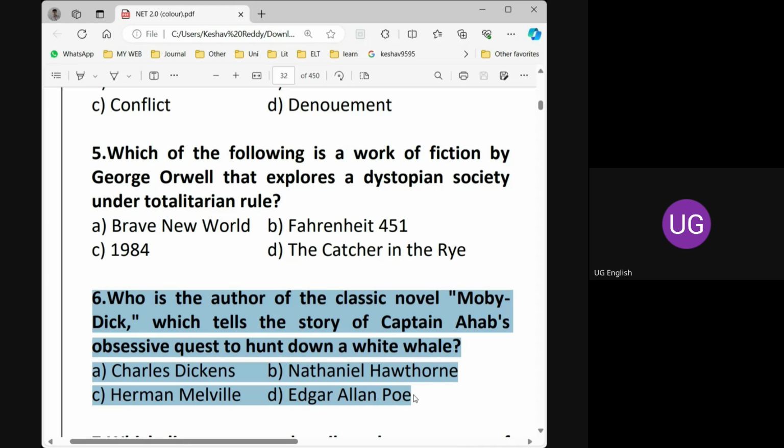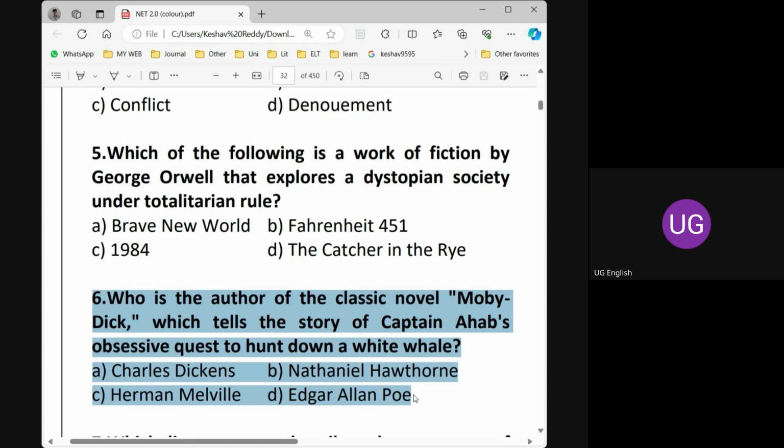So Captain Ahab is in search of a whale. To kill that whale, he started a journey. The name of the whale is Moby Dick. Whale is a big fish, you all know that. Moby Dick is the name of the fish, and Captain Ahab is the one who is in search of that whale.